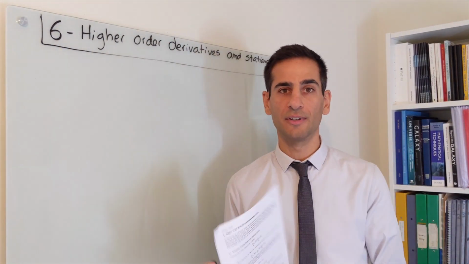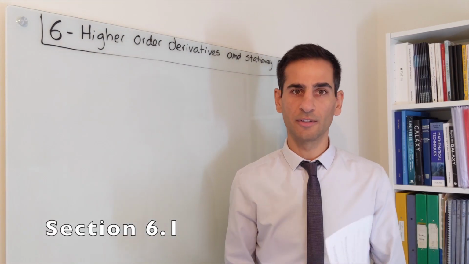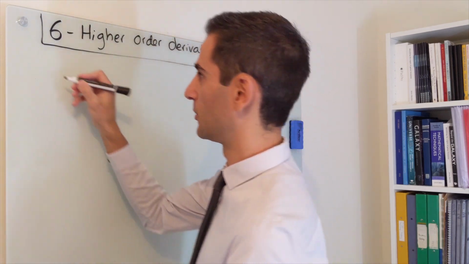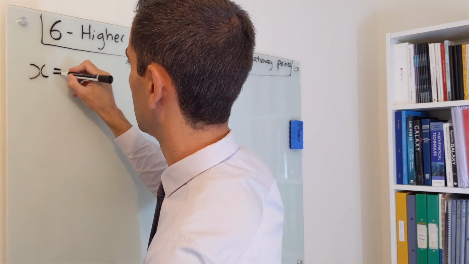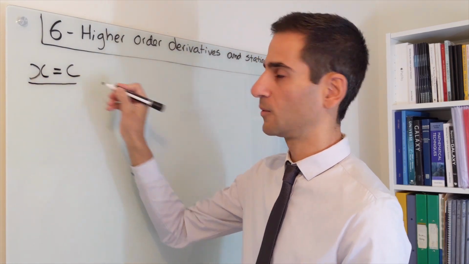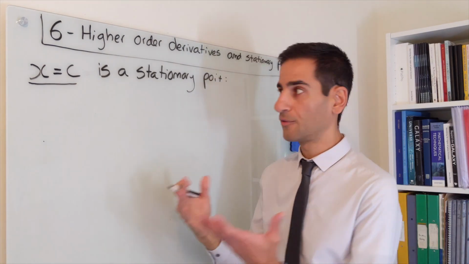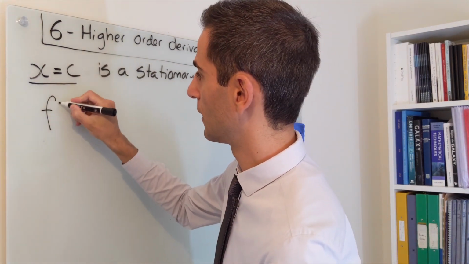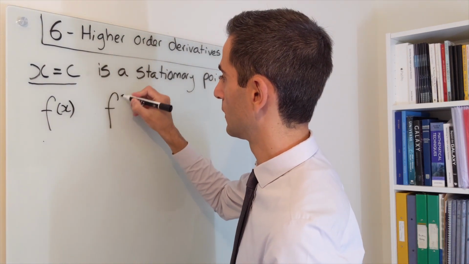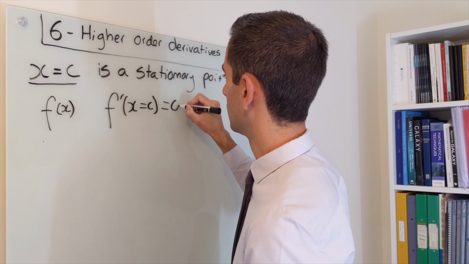Now, as you have in your lecture notes, that's section 6.1, we're going to define the stationary point thinking in terms of a general point, in this case x equals c, and we say that this point x equals c is a stationary point if for a given function f of x, the derivative at point x equals c is equal to 0.